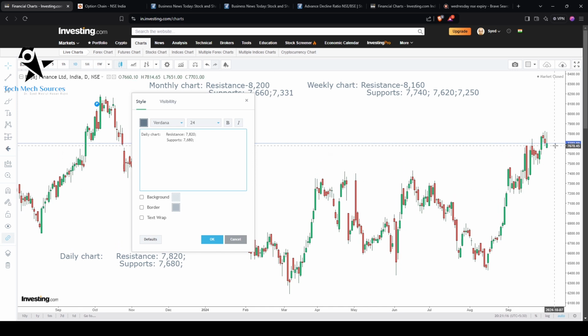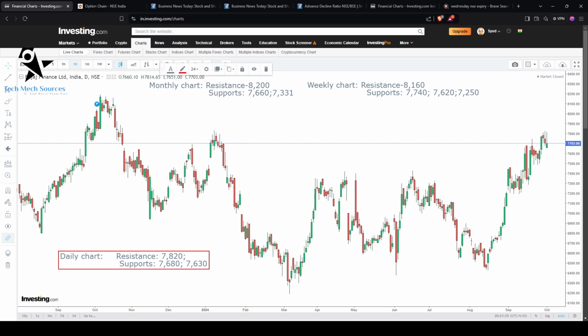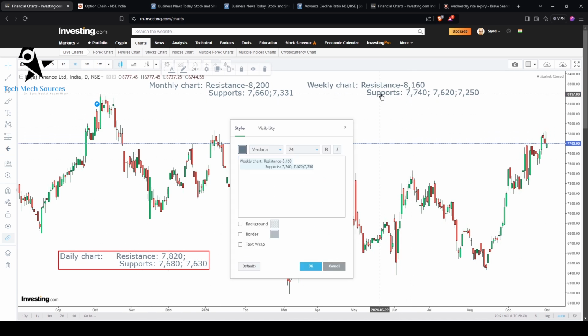Okay. Here 7,680. I have written it down. 7,630. The next one. Daily chart. Okay, so we can compare the resistance here, the resistance in the weekly chart, and the resistance in the monthly chart.